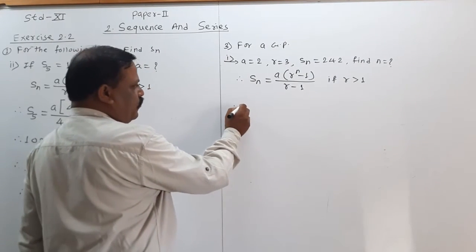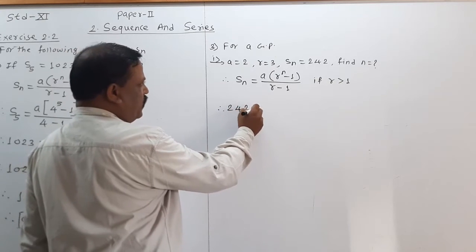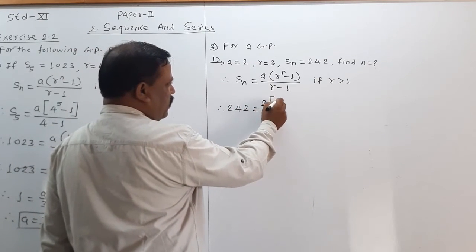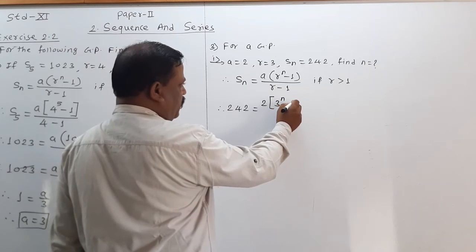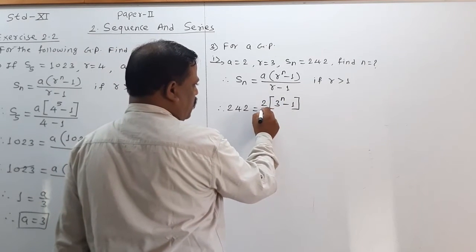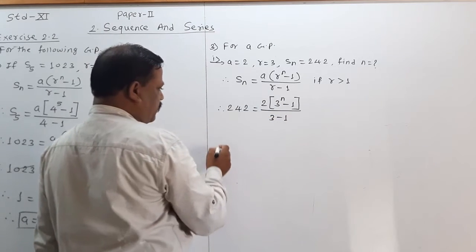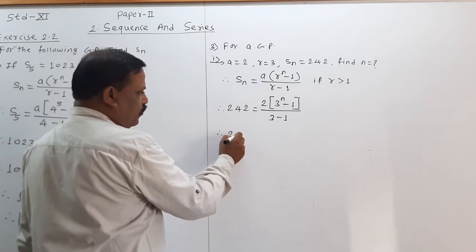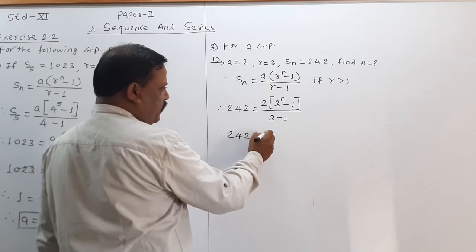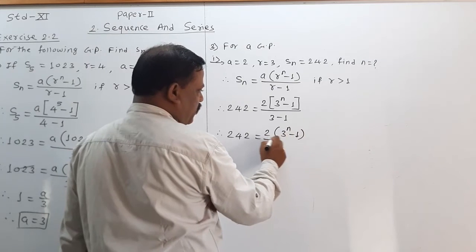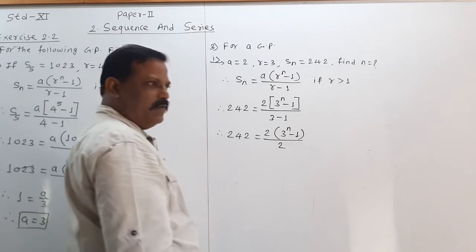SN is the 242. Value of a is 2. R is 3 raised to n minus 1 upon 3 minus 1. 242 equal to 2 into the bracket 3 raised to n minus 1 divided by the 2.